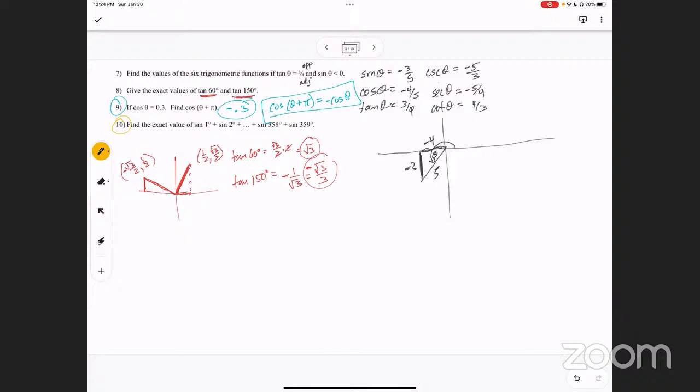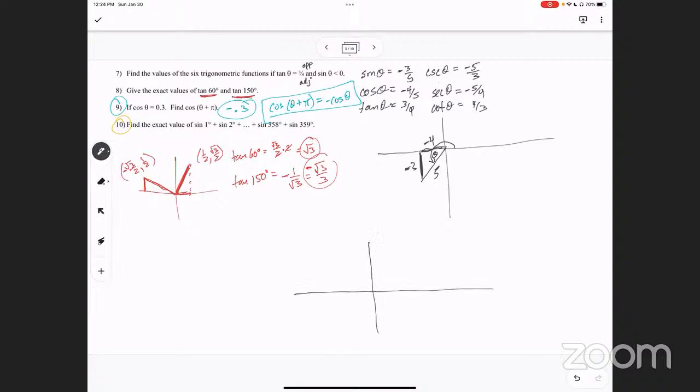I think it's just zero. Let me think about why I know that. Well, here's how I'm going to think about this problem. There's probably a property for it, but let's look at just the sine.